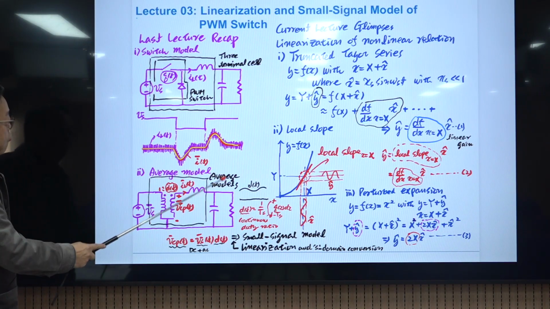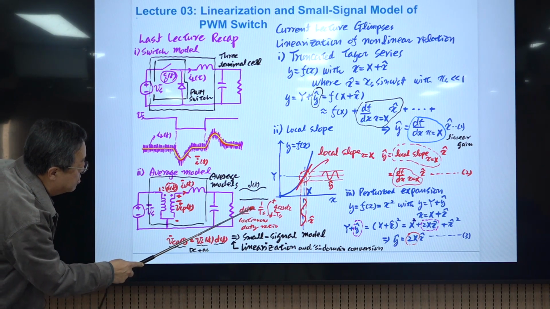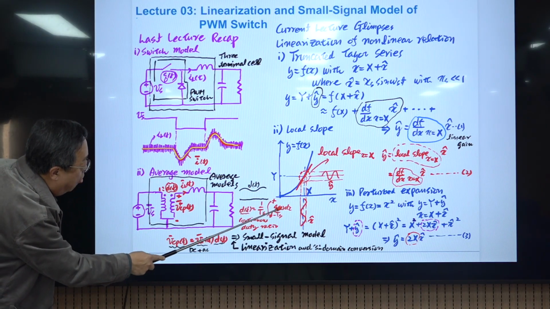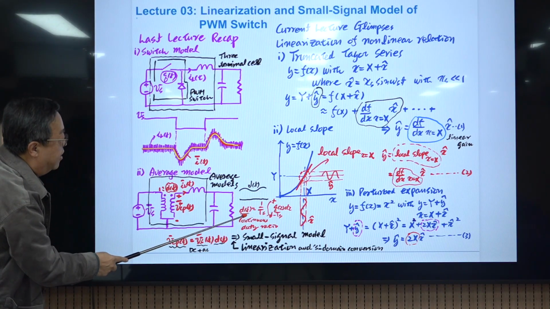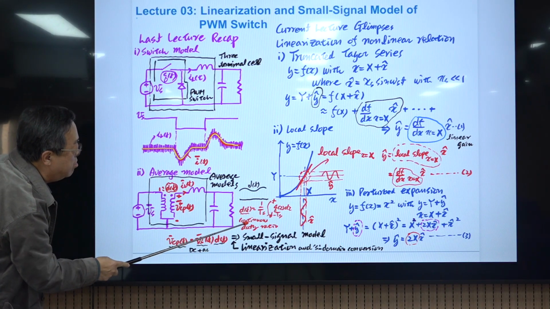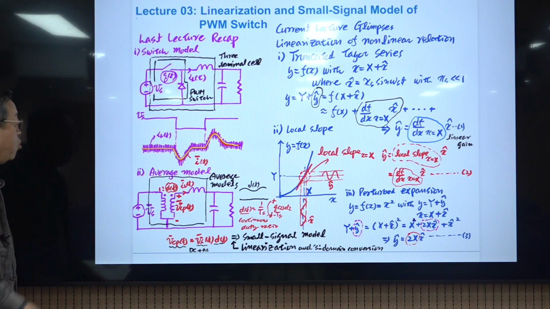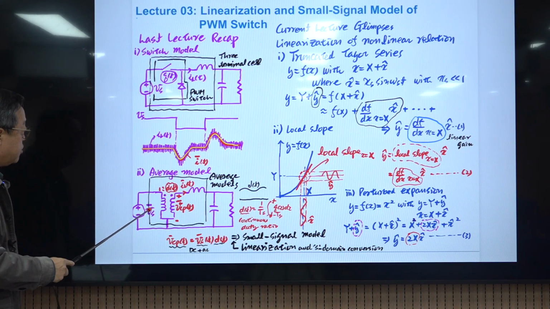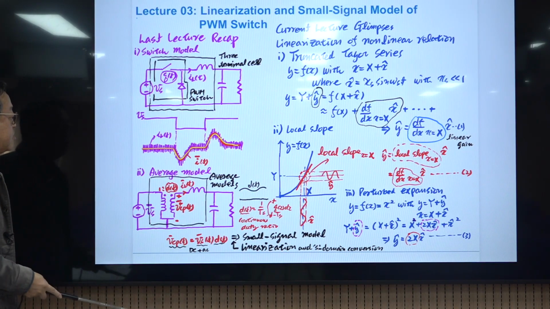Okay, so we perform this averaging process. This is the moving average of the switching function q(t), and the average of this is called the continuous duty ratio.